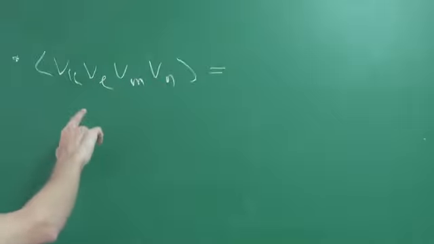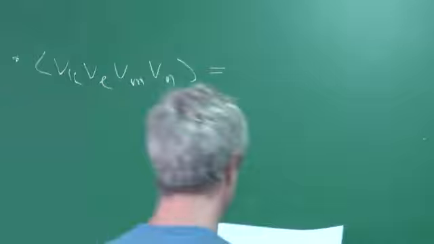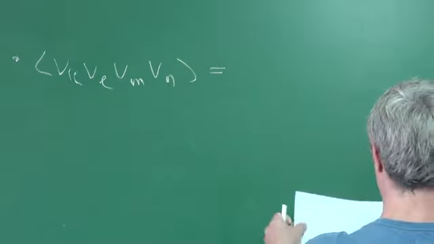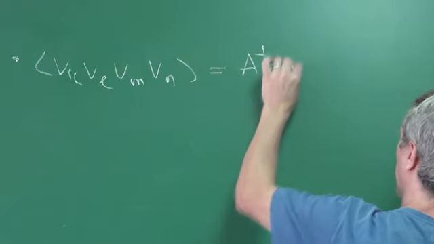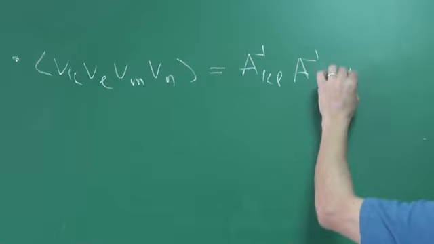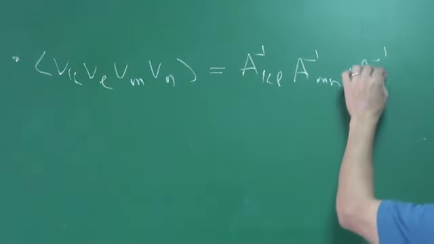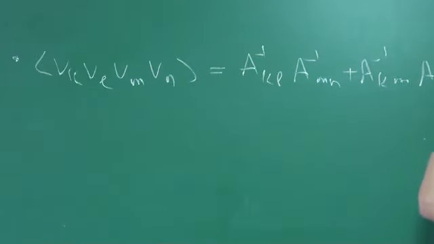Okay, so this gives you one expression, then pair the other one. So I could pair these 2, let's say A to the minus 1, kl, A to the minus 1, mn, or I can pair these 2, plus A to the minus 1, km, A to the minus 1, ln, and the third pairing.